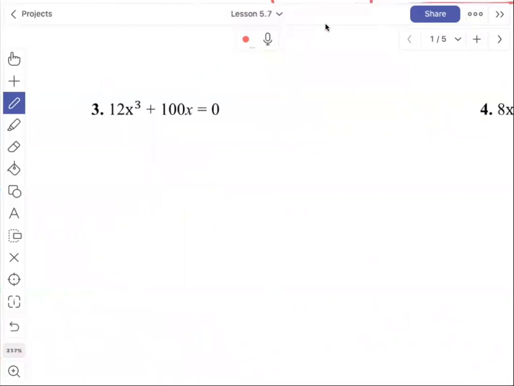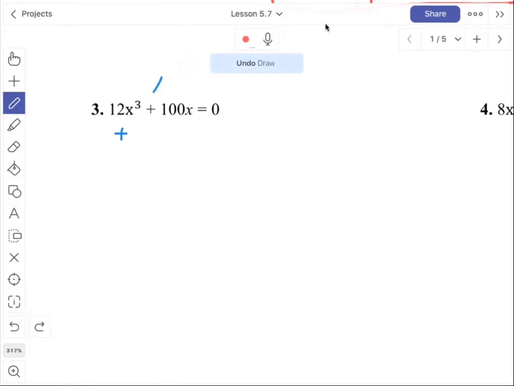So the first one, I see positive. Notice I'm missing a term, but 0 is considered neutral. So you don't have to put in a filler 0 term for that x². Don't worry about that because 0 is kind of neutral.